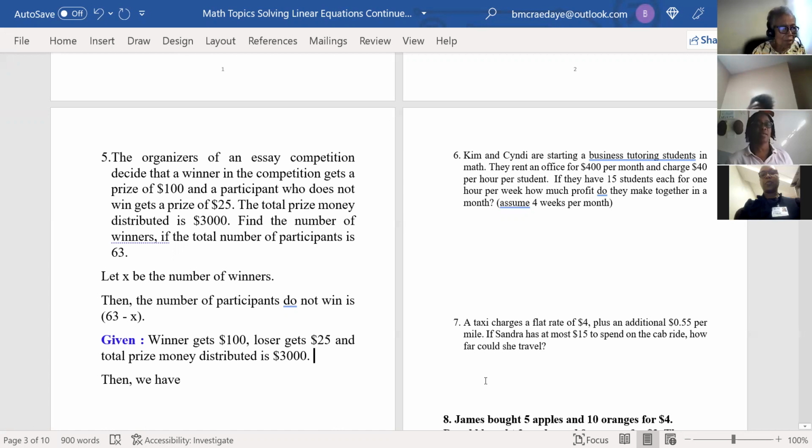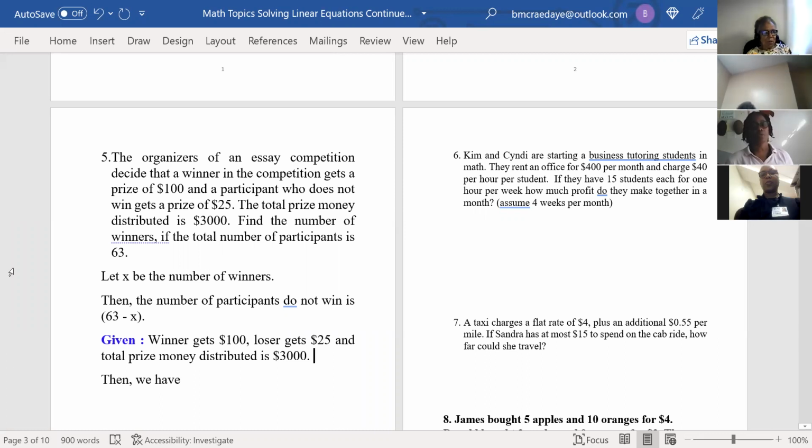Let X be the number of winners, then the number of participants who do not win is 63 minus X. Given a winner gets $100, a loser gets $25. Total prize money distributed is $3,000.